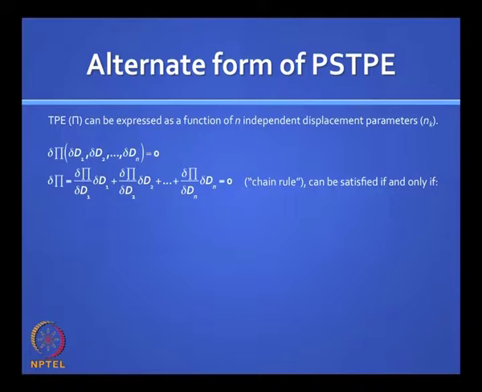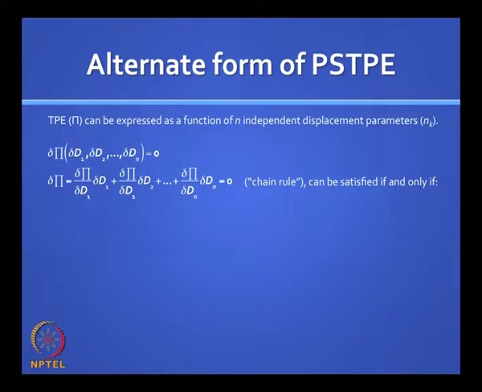Now if they are really independent, then you can invoke this chain rule, right? The chain rule says that delta pi can be written as dou pi by dou d1 into delta d1 plus this plus that equals 0.